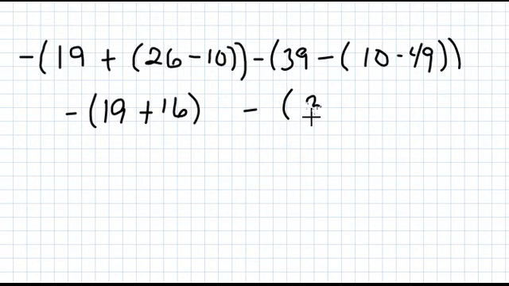Right, and then we have 39 minus, we have a 10 minus 49, so that's going to be a negative 39. Alright, so remember a minus and a minus makes that a plus, so that becomes 39 and plus 39.